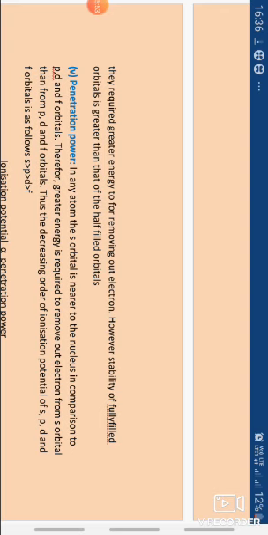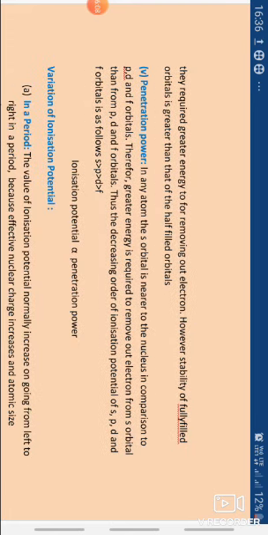The next is penetration power. As you know, the s orbital is closer to the nucleus, so it has the highest penetration power. The higher the penetration power of an orbital, the higher the ionization potential. In any atom, the s orbital is nearer to the nucleus in comparison to the p, d and f orbitals.